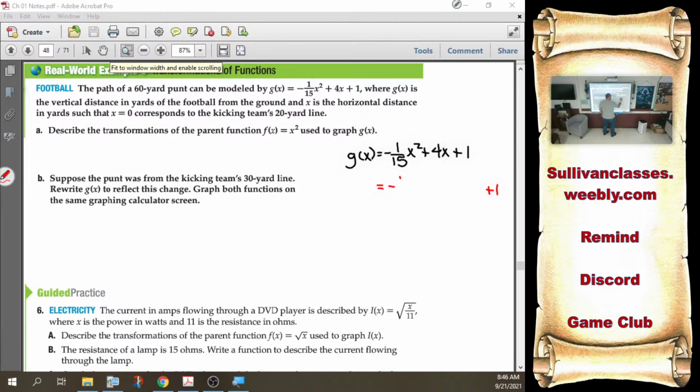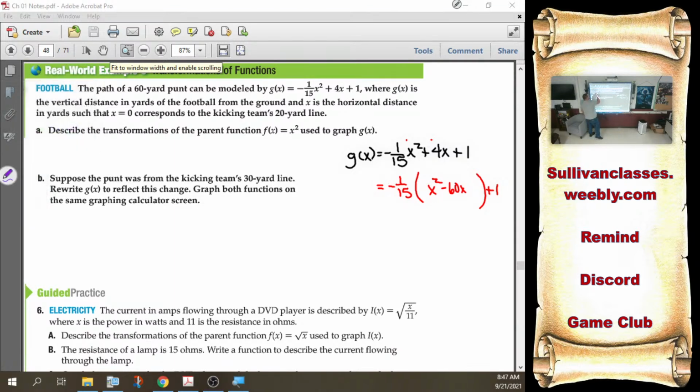I'm going to take that negative 1/15 out of both of these terms so that I can complete the square. Well, negative 1/15 divided by negative 1/15 is 1, so this is just x squared. What is 4 divided by negative 1/15? Negative 60. Dividing by fractions is easy as pie. So negative 60x.